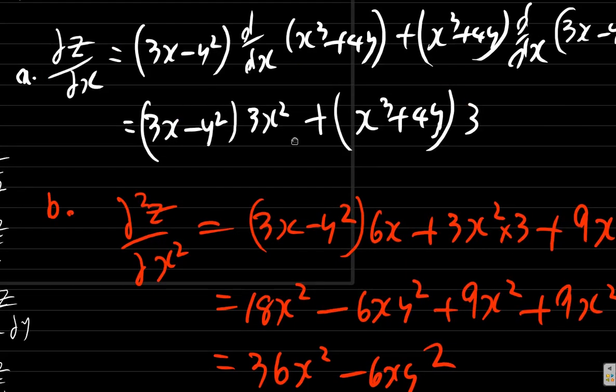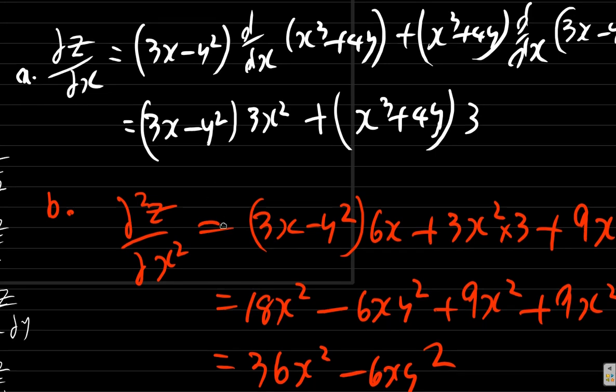This is the delta z by delta x. Suppose we multiply out the bracket first and then find delta squared z by delta x squared. What would happen?